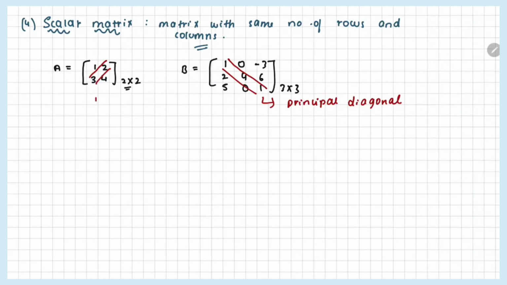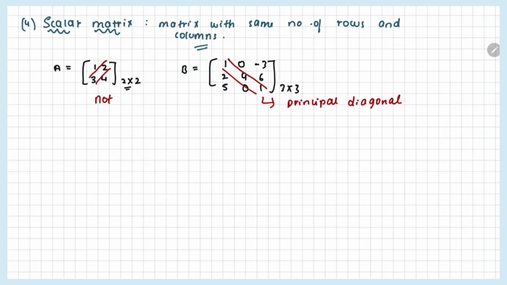But no, this is not the principal diagonal. Only the diagonal from left to right counts, starting from the left and ending at the right. Here the start is from the right, so this is not the principal diagonal. The first element of the principal diagonal should be from the left only. Based on this you may get questions.